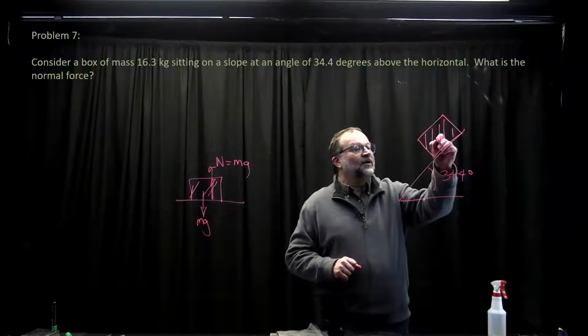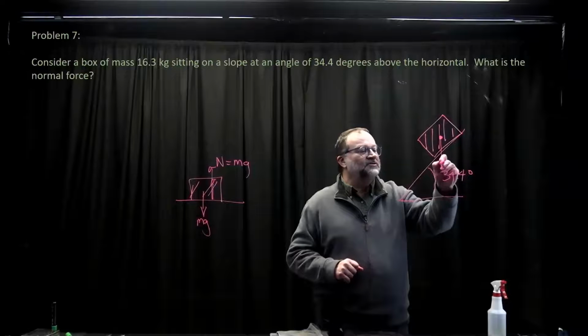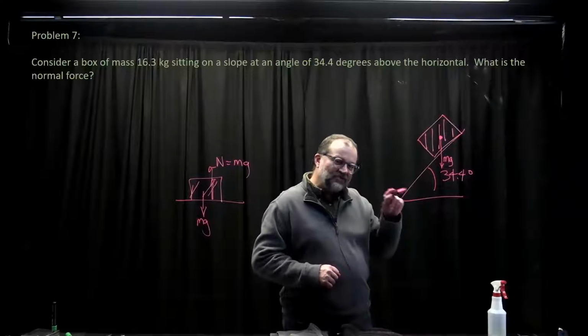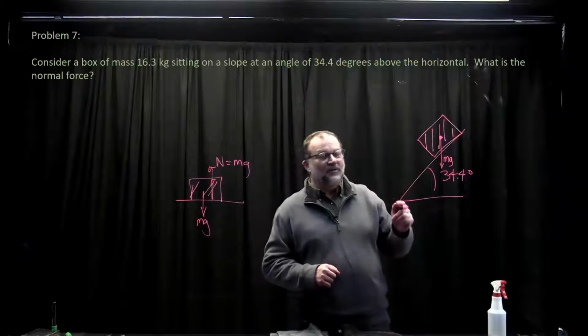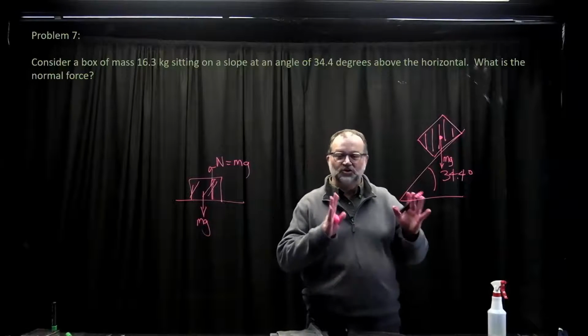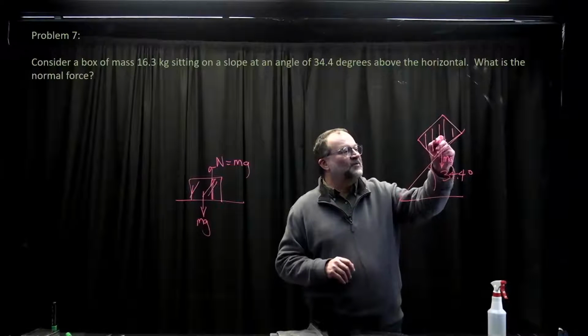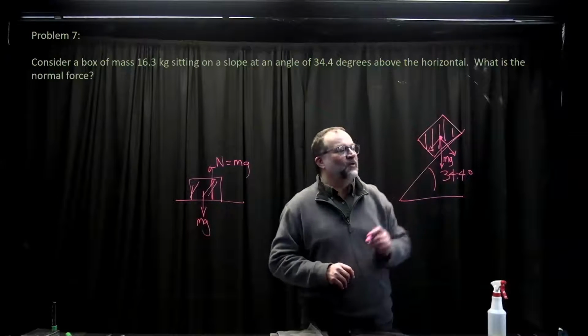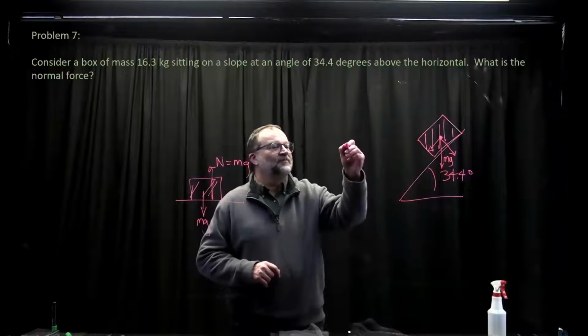Why? Well, mg is always straight down. In this case, that's not into the plane. So we've got to break mg up into two pieces. We've got to break it up into a piece that goes this way and a piece that goes that way. So I'm going to bring that over here.